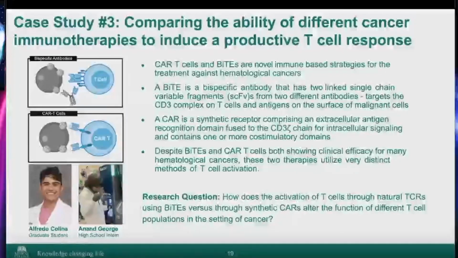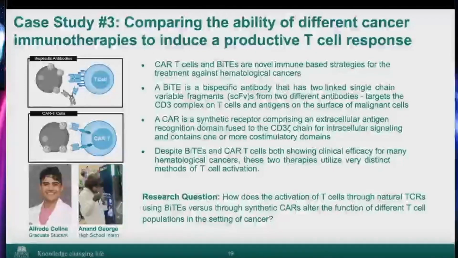And the last case study that I wanted to highlight is a study where we were comparing the ability of different cancer immunotherapies, in this case, BiTEs and CAR T cells, and trying to distinguish whether one therapeutic was generating more productive T cell responses compared to the other.